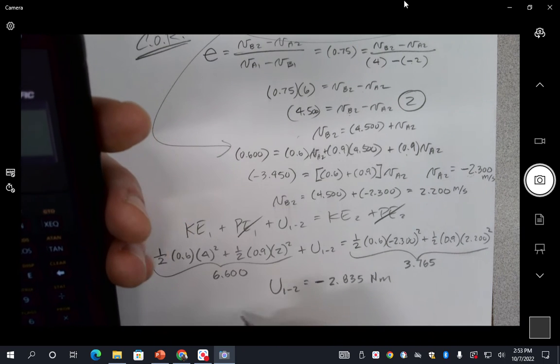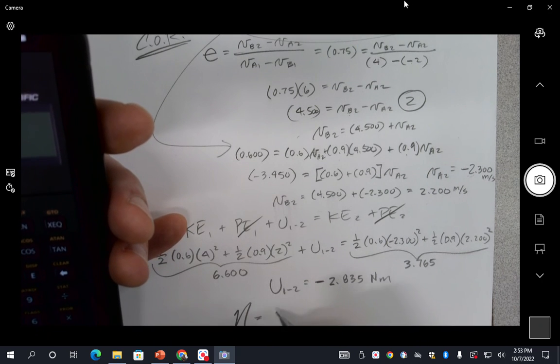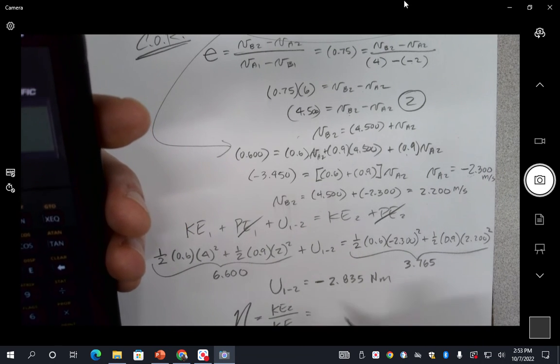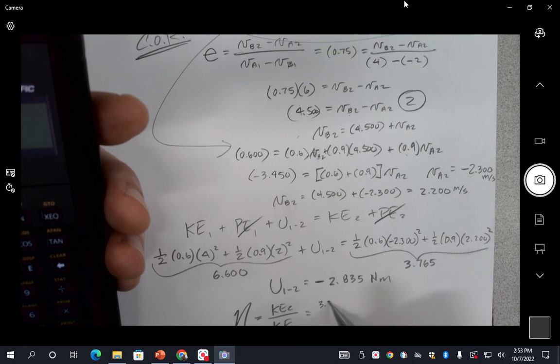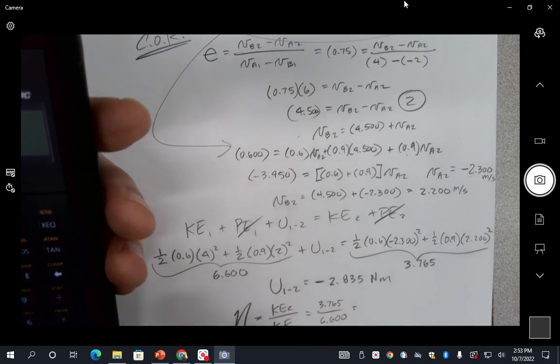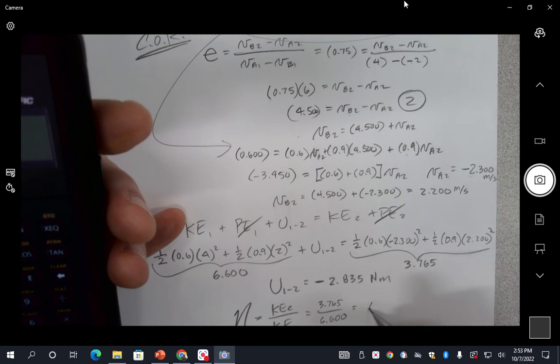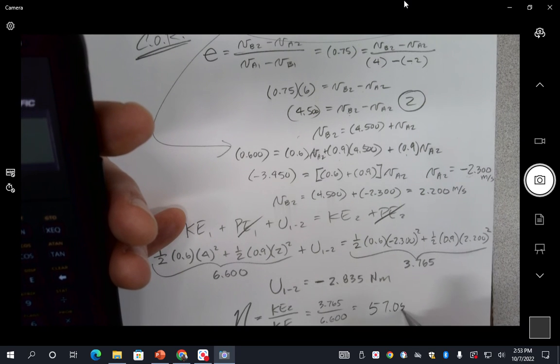But I think it's more informative to take the kinetic energy at 2 and divide it by the kinetic energy at 1. So 3.765 divided by 6.6 gives you 57.05%.